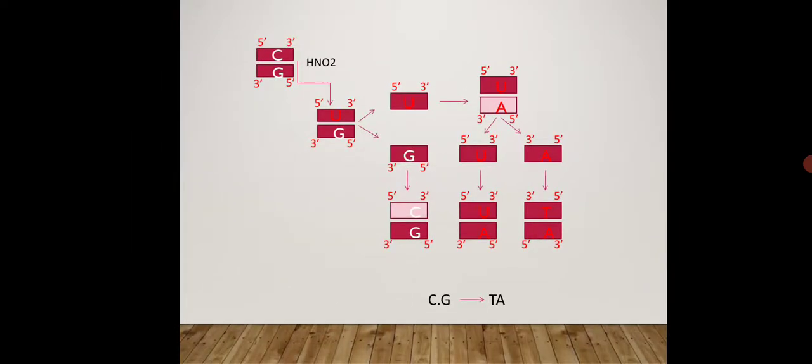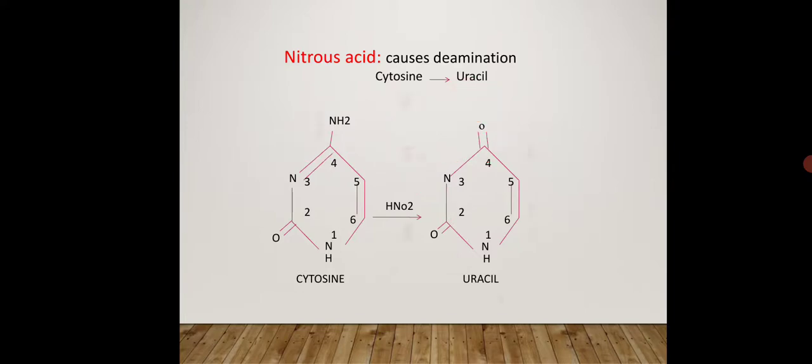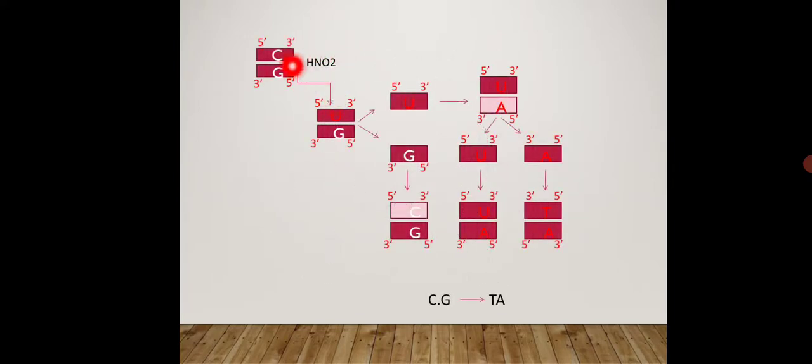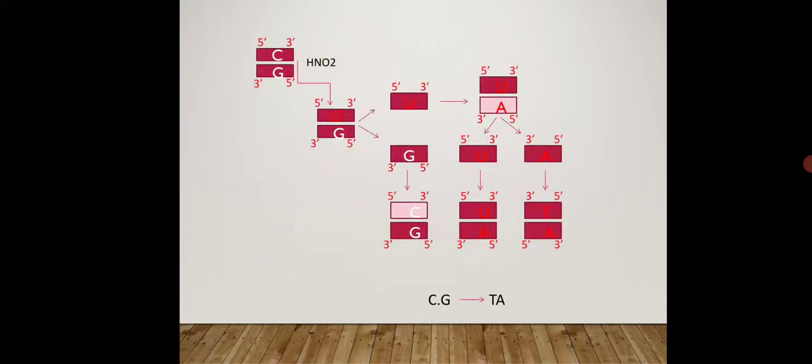Let me tell you one point. Here, instead of cytosine there is addition of uracil when you add the nitrous acid. So to this normal gene sequence, there is addition of nitrous acid, and instead of cytosine, uracil will get bound. So in the first replication, instead of cytosine there is addition of uracil, and the other strand will remain the same.